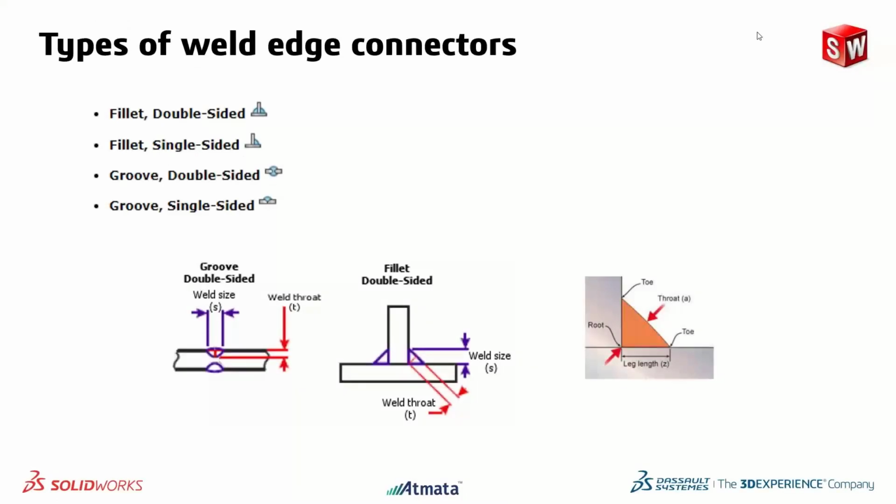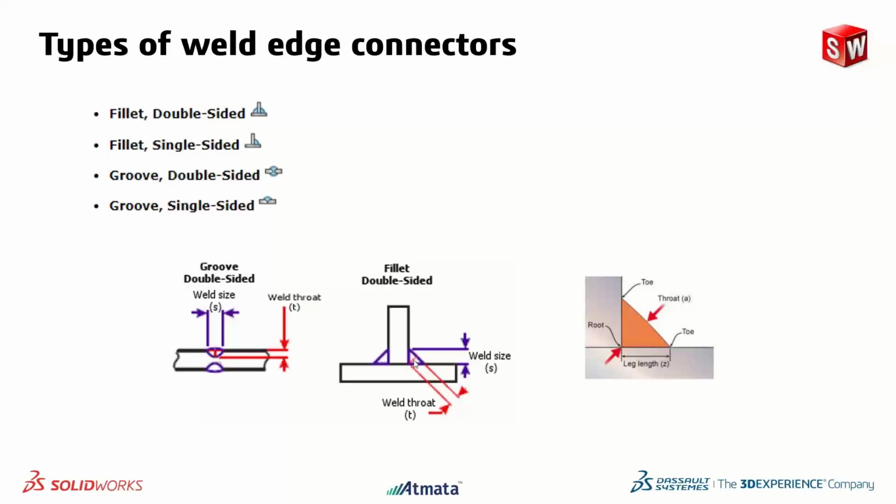Okay, so we will see some basic terminologies we use in SolidWorks for weldments. We have the fillet weld and the groove weld. The fillet weld can be single-sided or double-sided, and the groove weld can also be single-sided or double-sided. Considering the fillet weld, where I have two plates, the weld throat starts at the root and goes to the face of the weld.